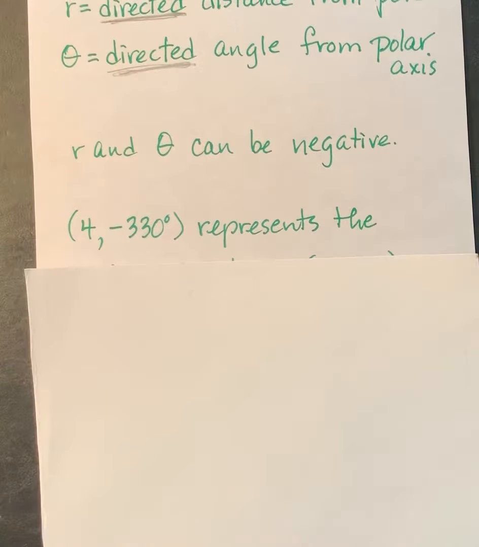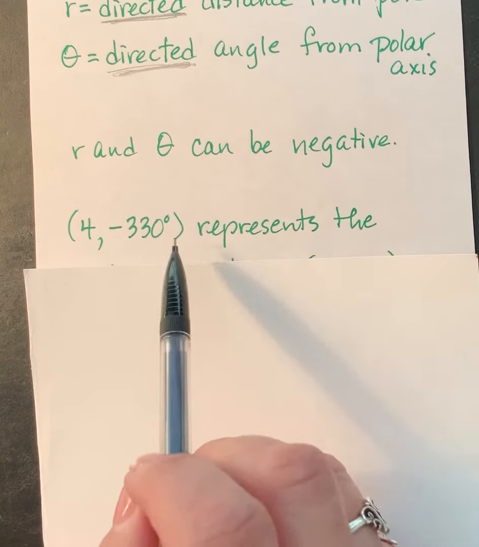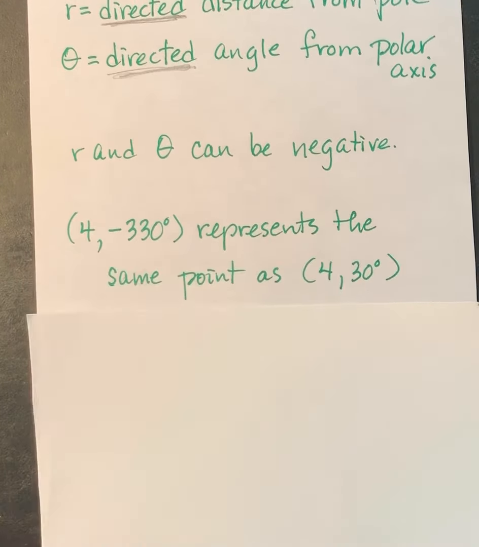Okay, if we have this set of coordinates, 4 comma negative 330 degrees, this actually represents the same point as 4 comma 30. So one point has multiple representations.